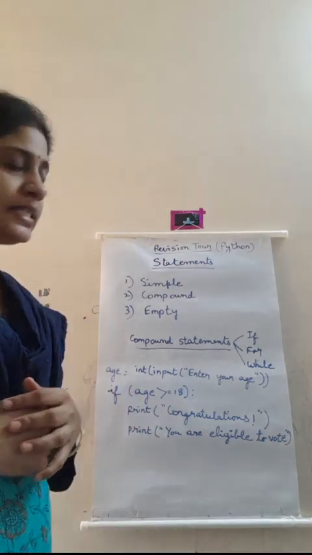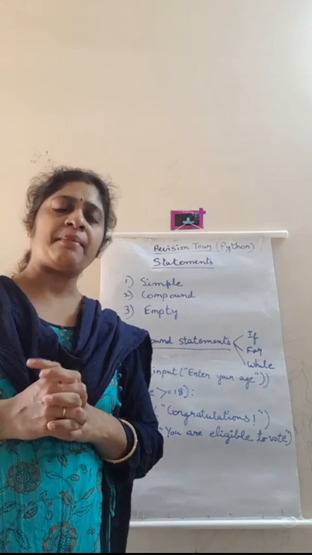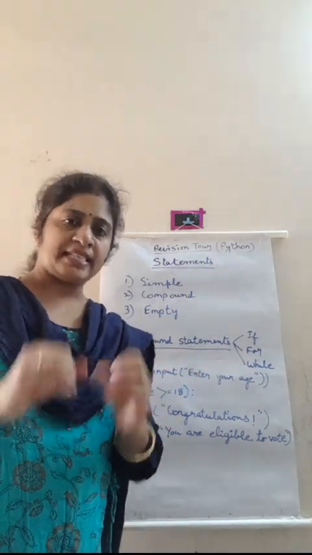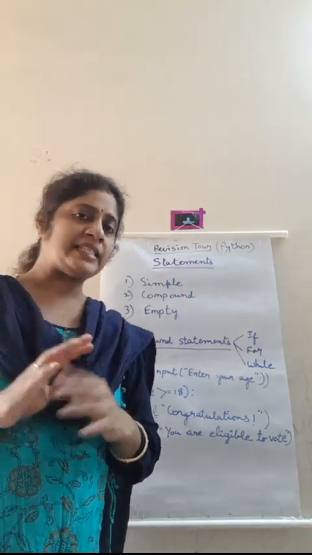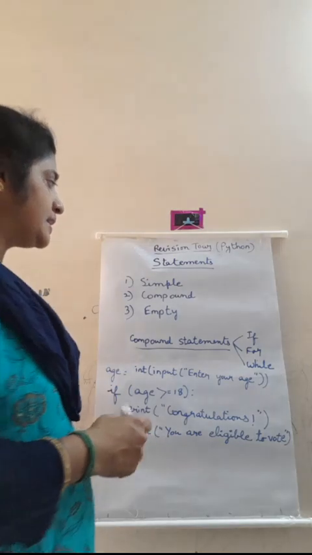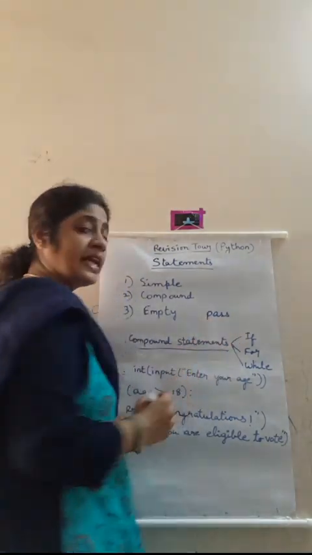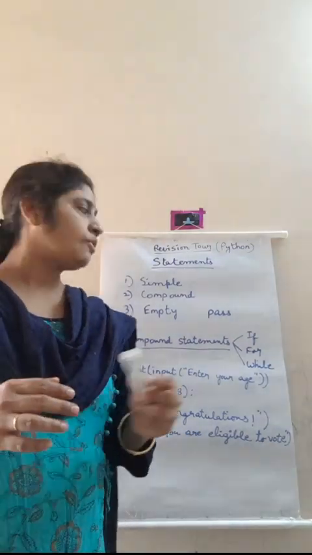And the third one: what are empty statements? Empty statements are nothing but simple statements which do nothing. They don't do anything. They are implemented using the statement pass. They are generally used in loops or according to conditions.